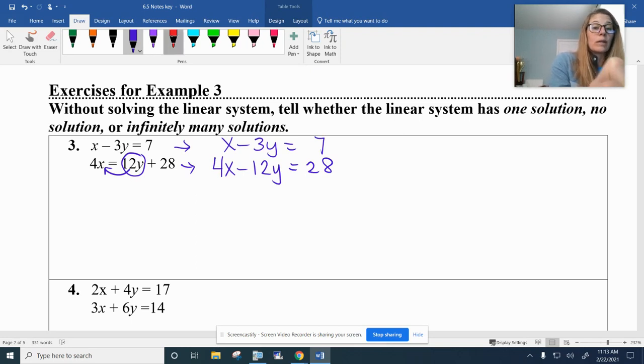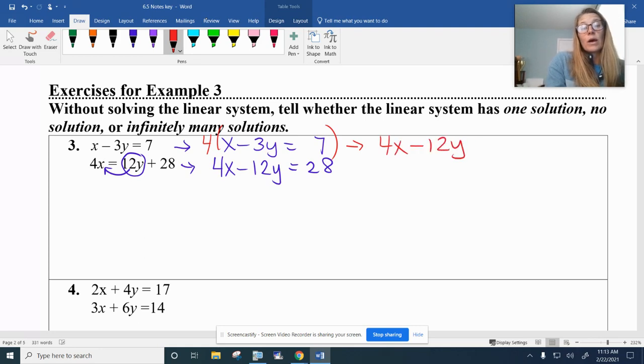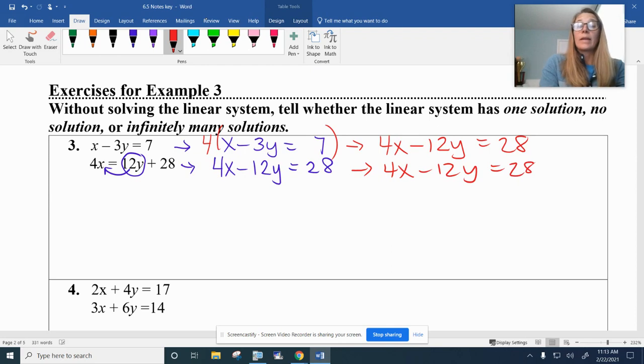So at this point, I'm going to multiply this first row by a 4. So I have 4x minus 12y equals 28. And now my second equation is also 4x minus 12y equals 28. Now, if you had multiplied by a -4, then you would see everything's going to cancel.